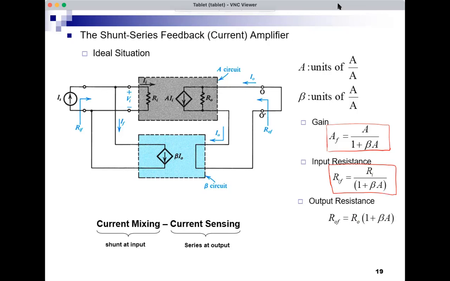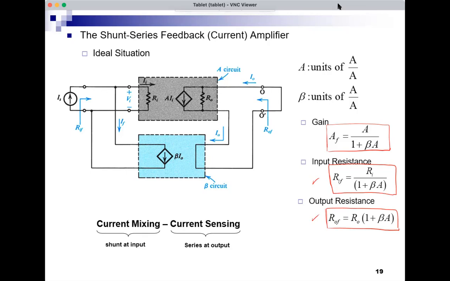And therefore, feedback is taking the input resistance in the right direction towards ideal by making it smaller. Output resistance, because the output quantity is a current, is also increasing in the right direction, because the ideal output resistance when the output quantity is a current is infinite. So again, feedback is improving input resistance and output resistance in the right direction in this case also.